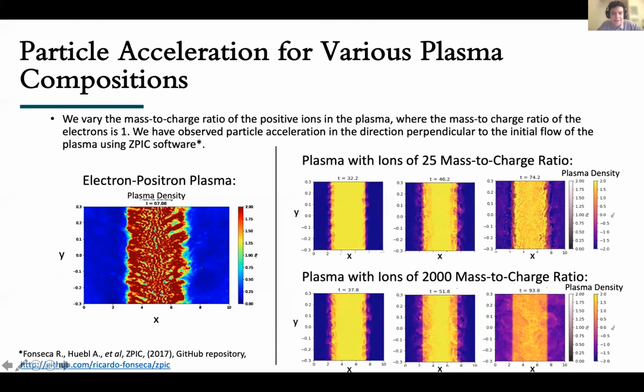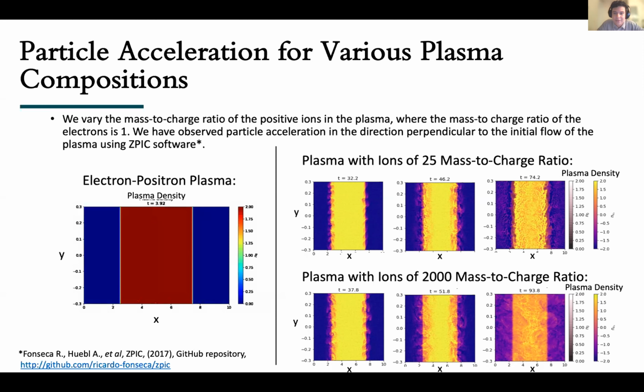Here to the left, we saw that there was a particle acceleration. To the right, we have simulations for plasma with different mass-to-charge ratios of the ions. It's important to note that the mass-to-charge ratio of the electrons is 1, so that's how the numbers here differ from the electron.